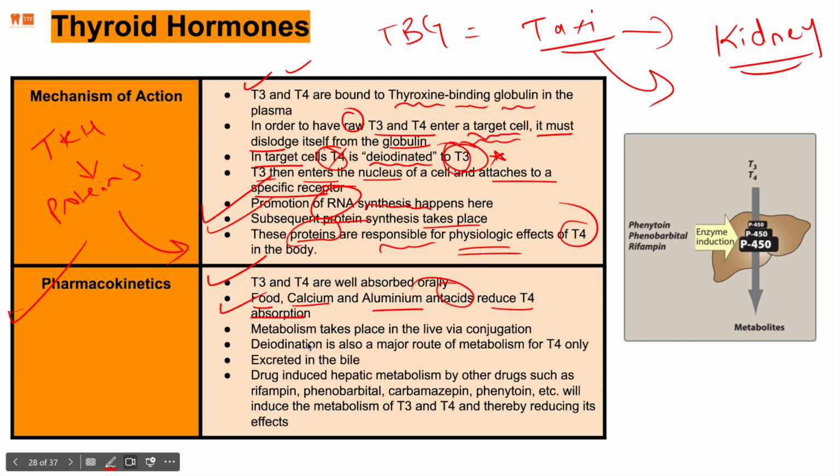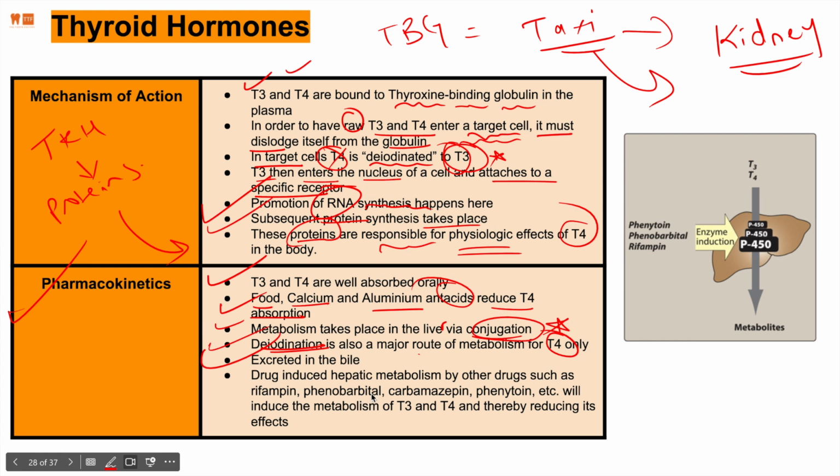Okay, metabolism takes place in the liver via conjugation mechanism, so first pass metabolism. Deiodination is also a major route of metabolism for T4. Why? Because T4 is deiodinated and T3 is produced. By what process? By deiodination. Excreted in the bile.